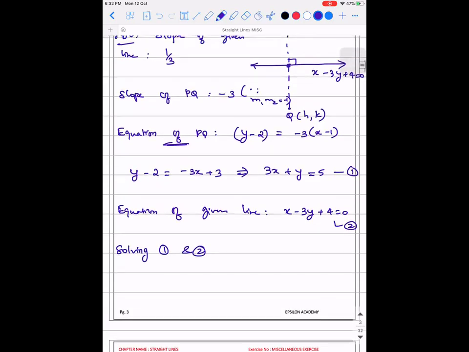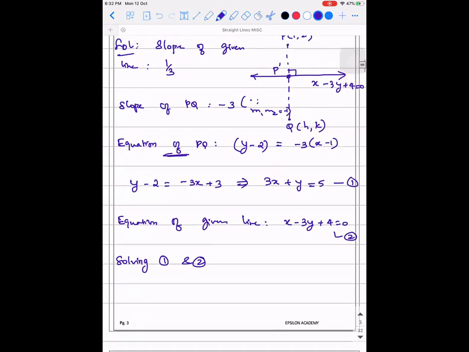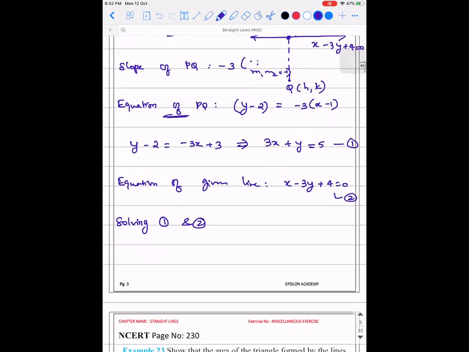So solving 1 and 2, what will you get? I'm not asking about the number. Whatever number you get, what is the meaning of that number? When you solve the first equation and the second equation, what are you going to get? The point where it ends. Yes, you are going to get the foot of the perpendicular. If I call that point P dash, or I call it R, can you solve and tell me what is the value of R?